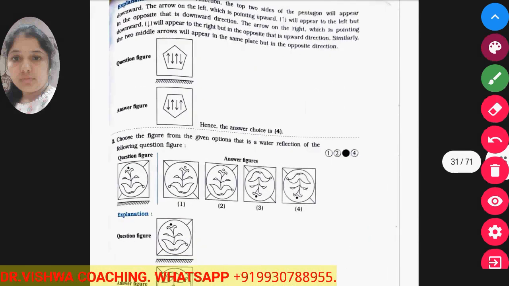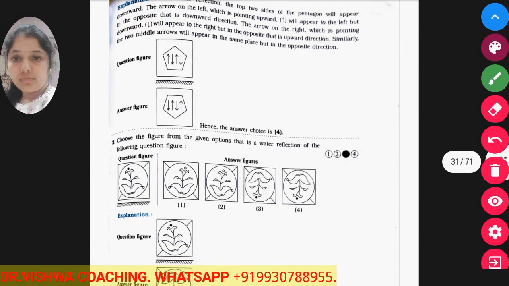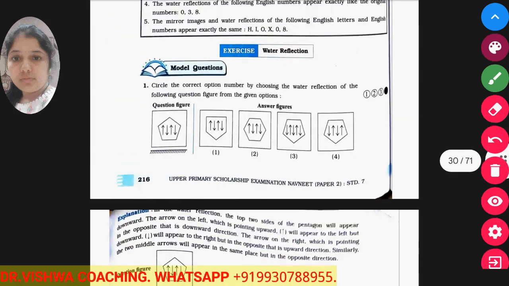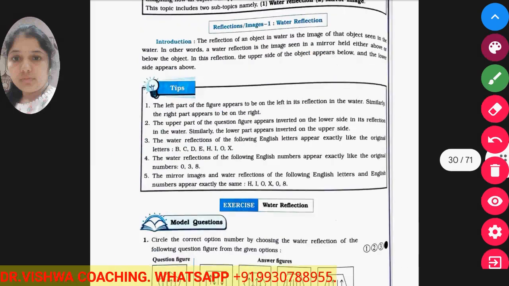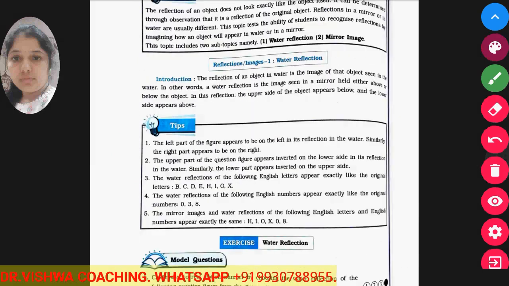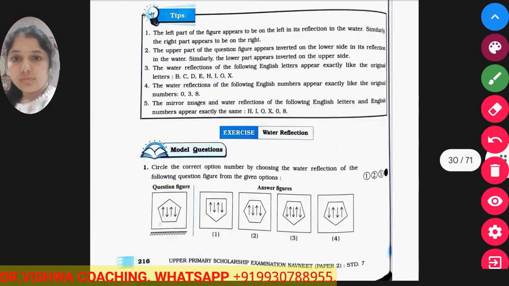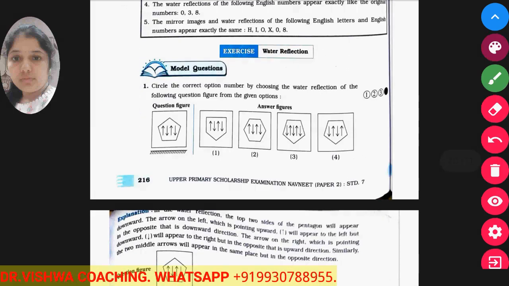So here mainly we have to check the reflection for the water images. Now, how can you identify water reflection, or the mirror reflection? If mirror image reflection is there, it will be shown like this after the figure. And if water image reflection is there, down the figure they show star lines, so that you can see whether the reflection is in the water or in the mirror.